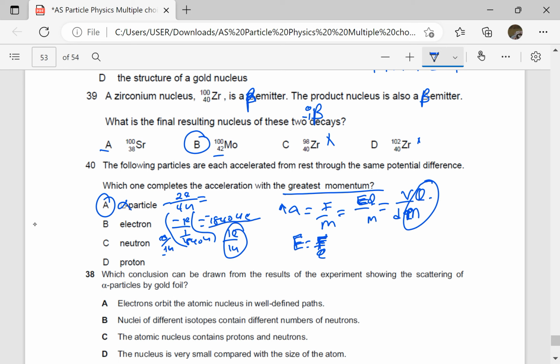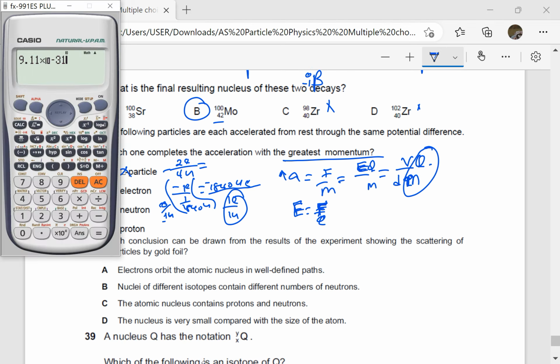We can also check this from the values that we already know. For example, the speed of an alpha particle is approximately of the order 10 power 7 meters per second, or 0.05 c, and the speed of an electron is high, but its mass is extremely small.